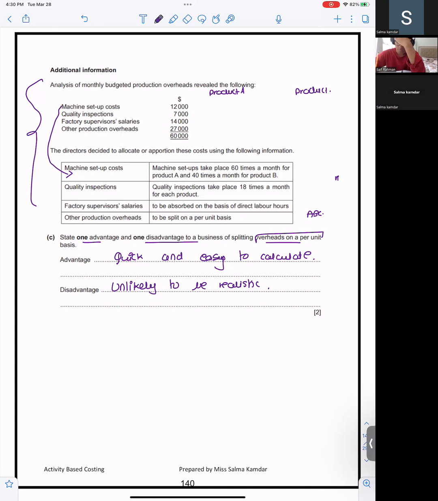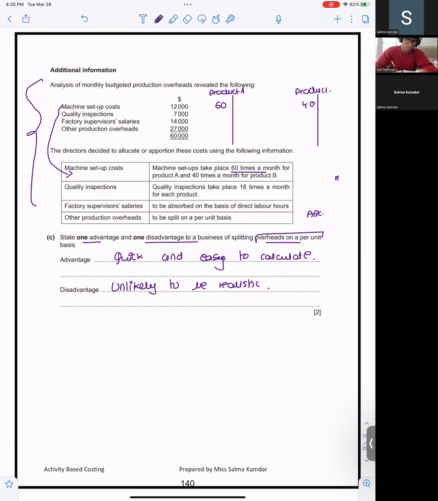This is the cost. What is the cost driver associated to this? Machine setup costs. Machine setup is 60 times a month for product A, and for product B it's 40 times. So if you're going to allocate it, how will it be?